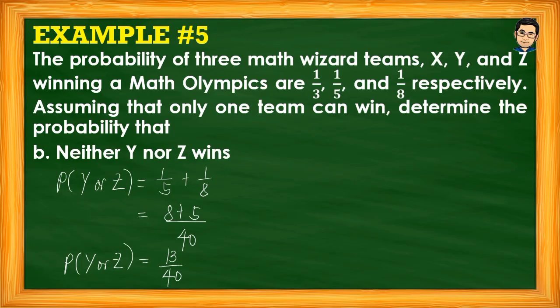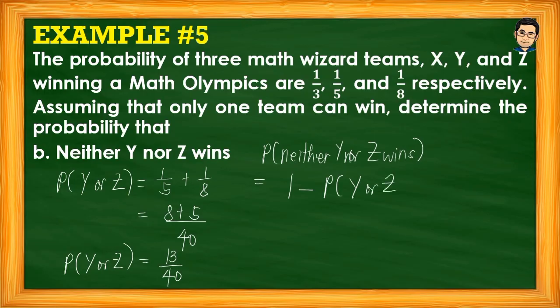Now, to answer the question, what is the probability that neither Y nor Z wins? Ang gagawin lang po natin, 1 minus probability of Y or Z. Okay, so nagiging 1 minus 13 over 40 yung probability of Y or Z. So 1 will become 40 over 40 minus 13 over 40.